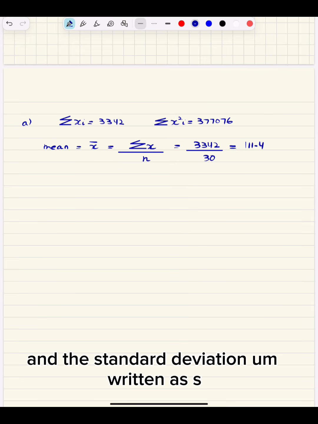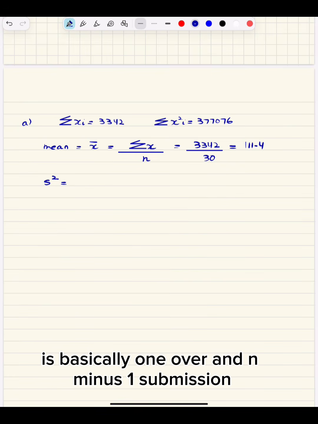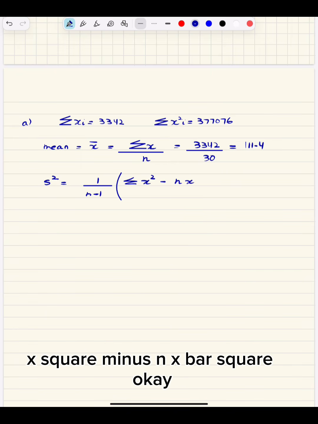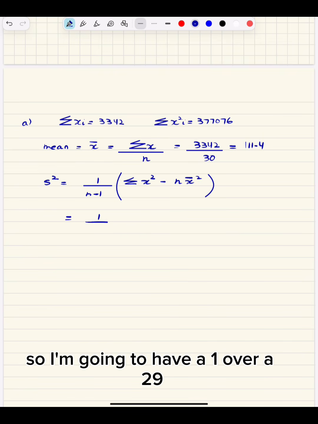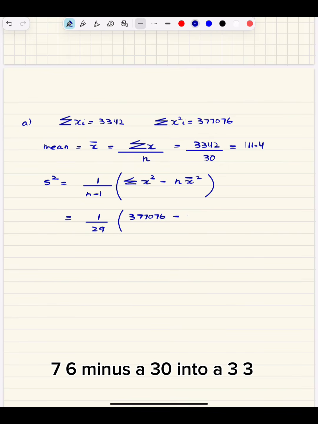And the standard deviation, written as S, I'm going to write the sample variance first, is basically 1 over n minus 1, summation, I'm just going to put a bracket here, x square minus n x bar square. So I'm going to have 1 over 29, and then we have 377076 minus 30 into 3342 square.